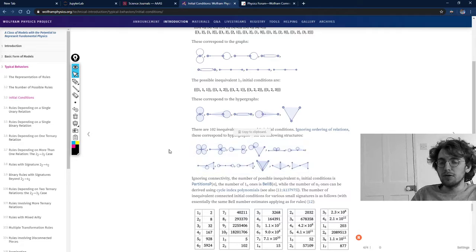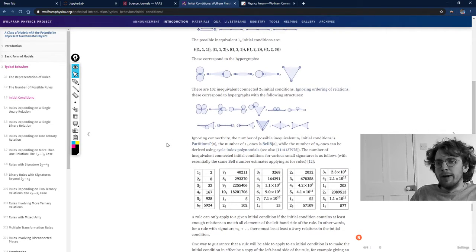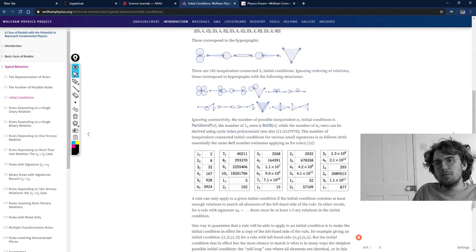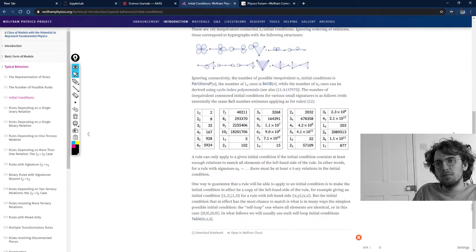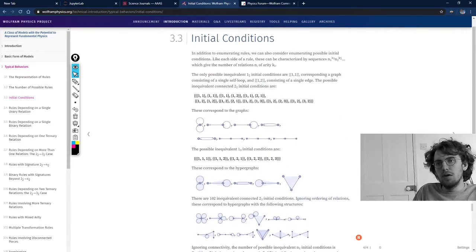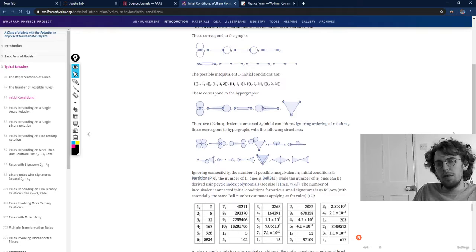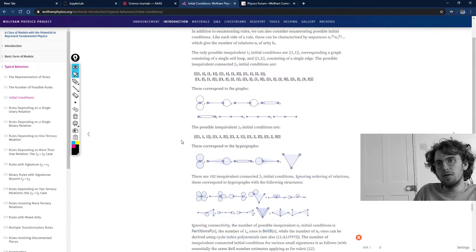Ignoring ordering, so ignoring sign in the way that I just put it. These are all of the 2, 3 initial conditions. Eight, 32 of them have 3, 2.